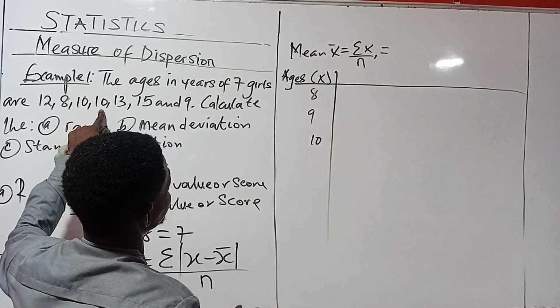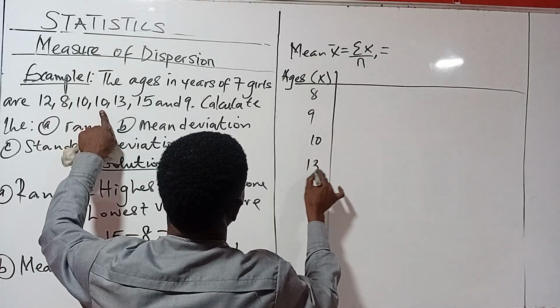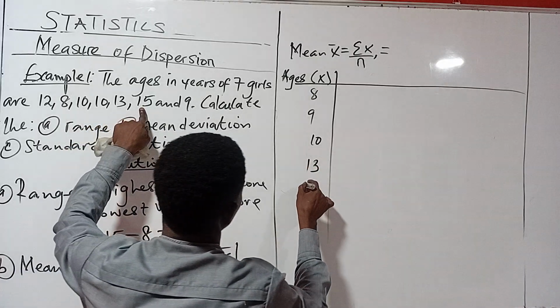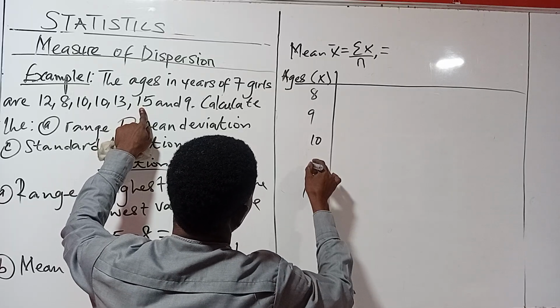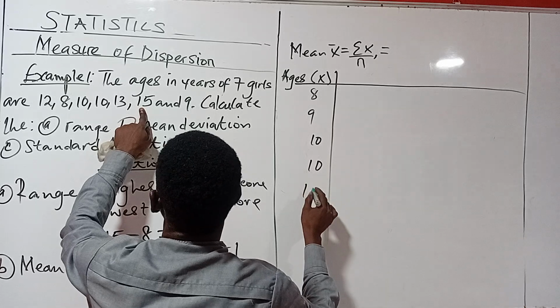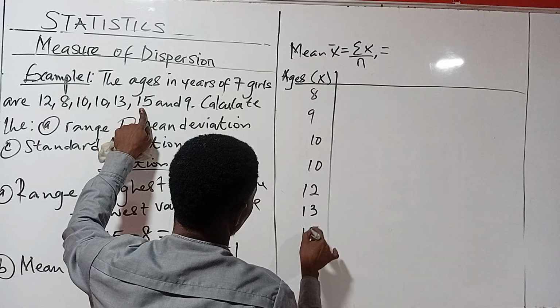We have 10 again; this 10 appears 2 times. Then we have 12, 13, and 15.